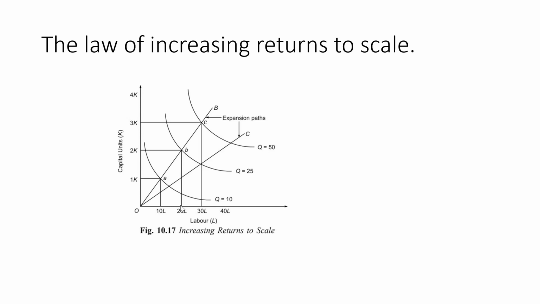But then we are seeing an increase in the output from 10 to 25, which means that output has more than doubled. So this shows increasing returns to scale. Output increases more than proportionately to the increase in input. This relationship between inputs and outputs shows the law of increasing returns to scale.